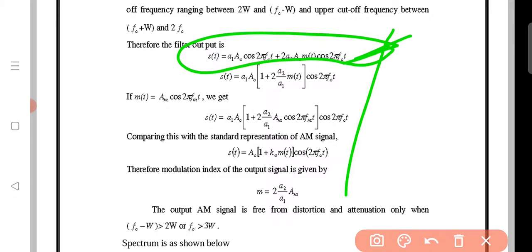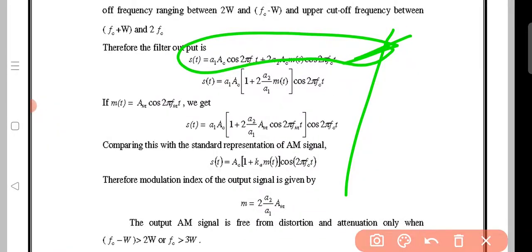You are all aware there is no ideal condition. There is always a difference between ideal and practical conditions. In yesterday's classes we discussed the standard equation of the AM wave, that is the ideal condition.